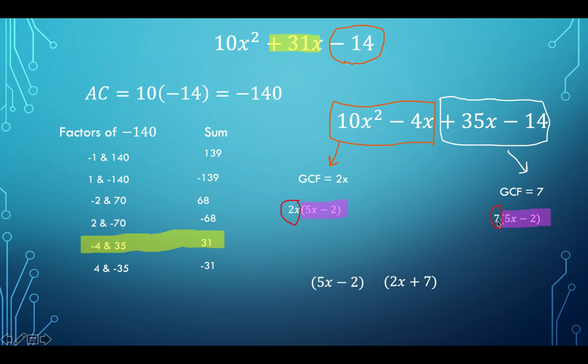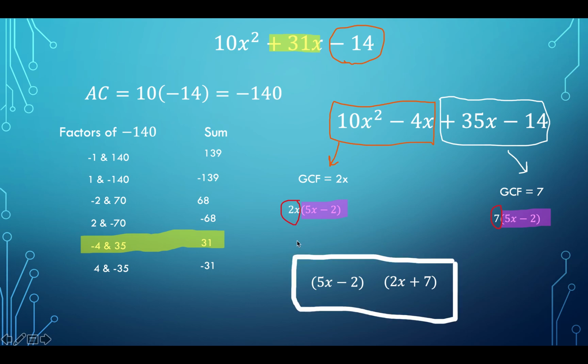There's no sign in front of the 7, so we assume it's positive. Group those together. So if we foiled this back together, we would get this as our final answer. So our factored form of this is 5x minus 2 times 2x plus 7.